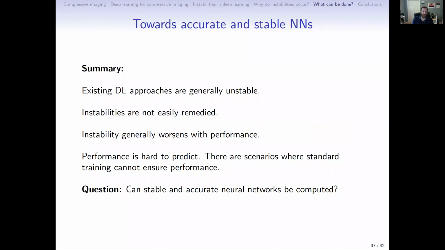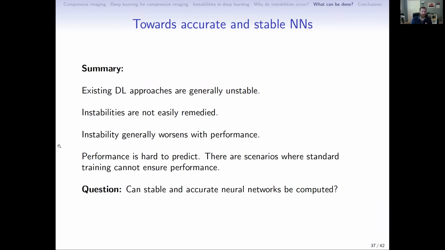Just to sum up where we are at this point, we've shown that existing deep learning approaches are often unstable. It's not easy to overcome these instabilities, and there's this stability-performance trade-off. As you perform better and better, you generally get less stable.